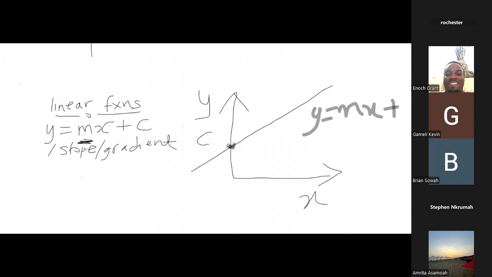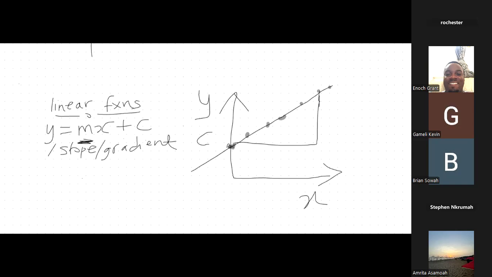Every line that we see here is made up of smaller points, and when you have smaller points like this, we can also determine the slope. When you have a line like this, you can determine the slope m from the graph.